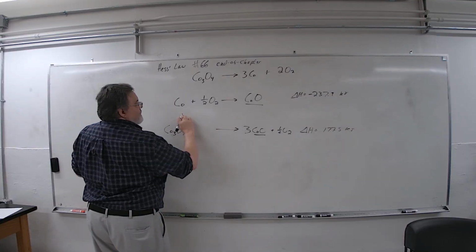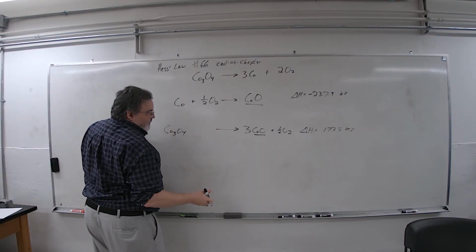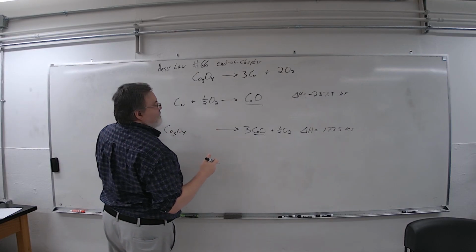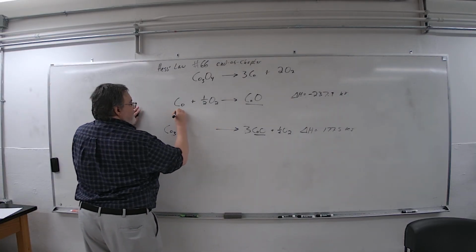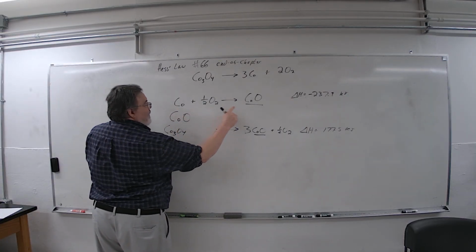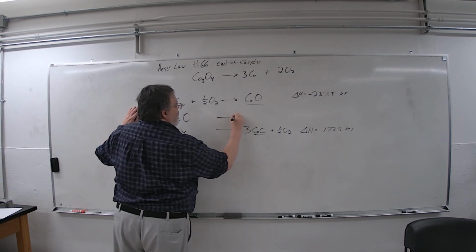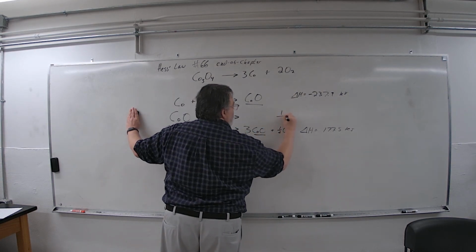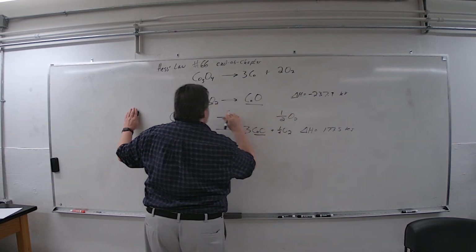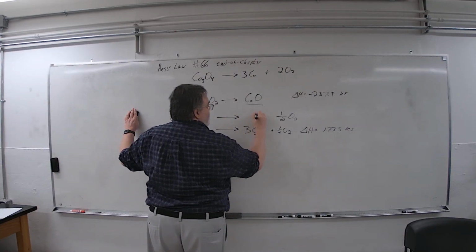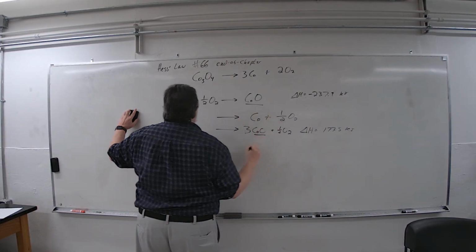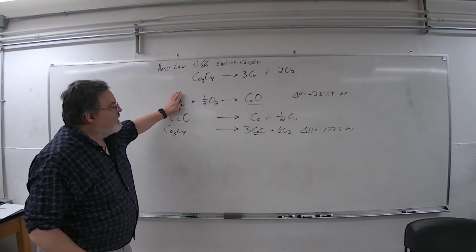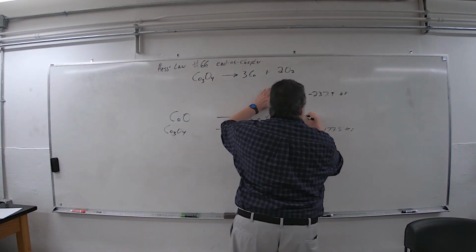So let me flip this one around. So being able to flip these around and work with them is part of the game here. So CO plus 1/2 O2 gives CO2. So there, I'll flip that one around, and now I'm going to change the sign.